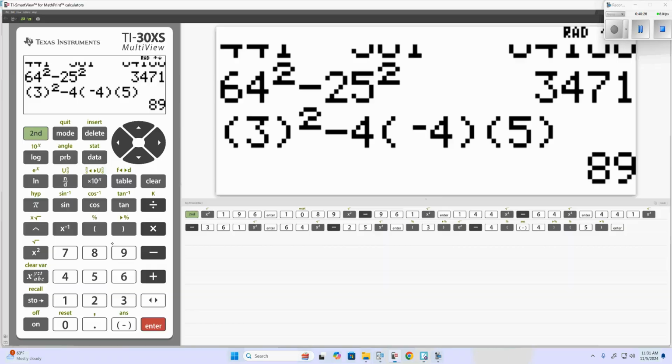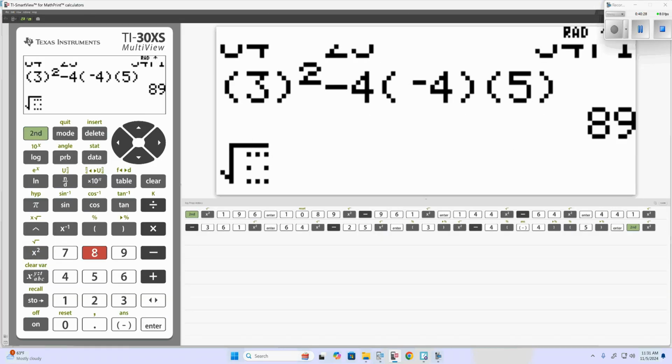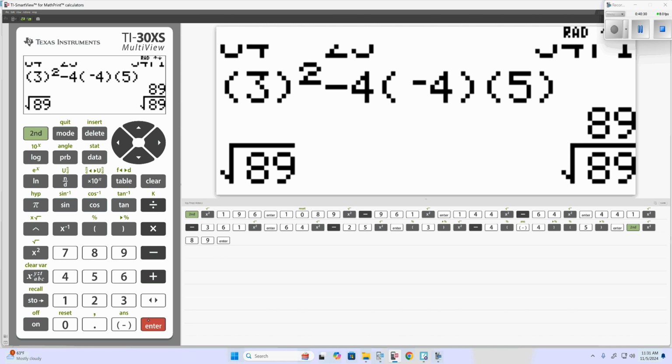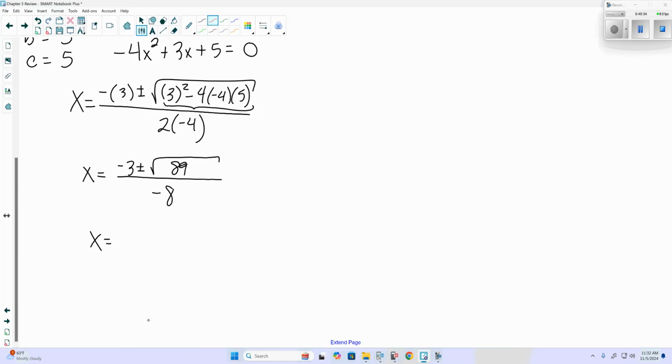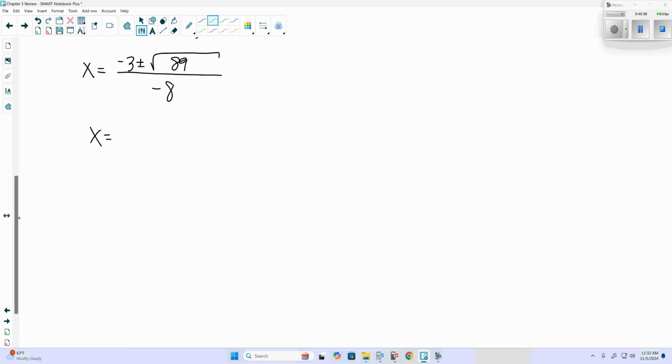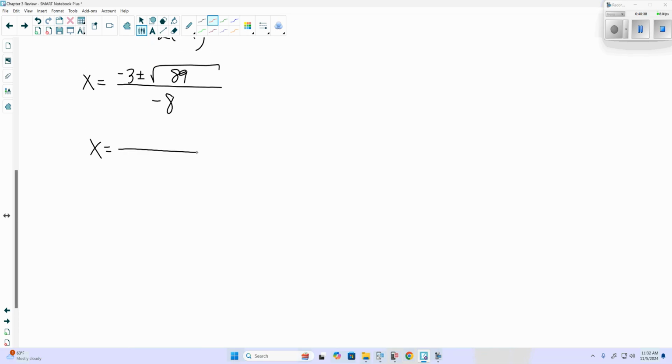Now we need to make sure that the square root of 89 does not reduce. It does not. So that tells us x is equal to negative 3 plus or minus the square root of 89 over negative 8. If you can get at least this, you'll get all the points.